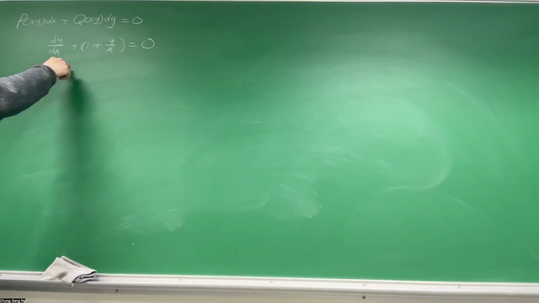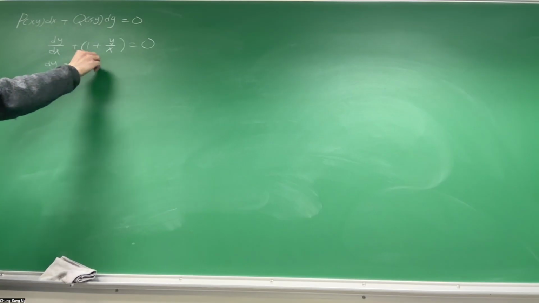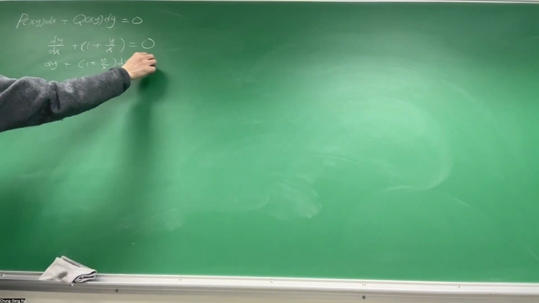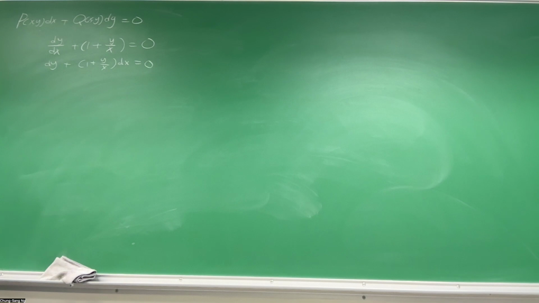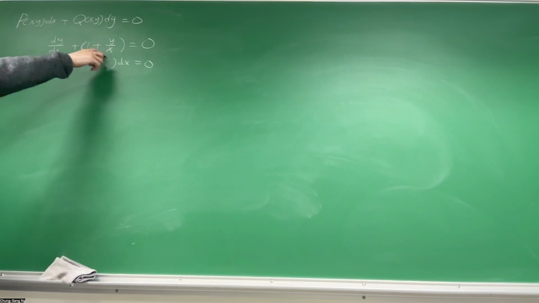The first thing you do is put it in the standard form, dy plus y over x equals 0, depending on how you want to do it. Or you multiply x throughout and see that it's still not separable: if you multiply x, then you have x here, but then you have x plus y on the other side. Obviously you don't want to mess up the situation when x equals 0, because it's divided by 0.